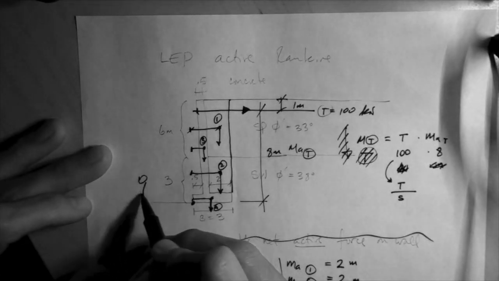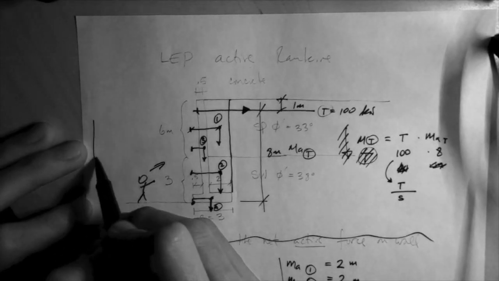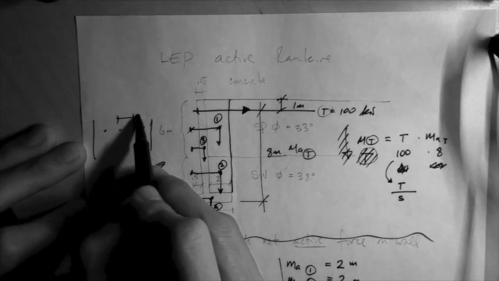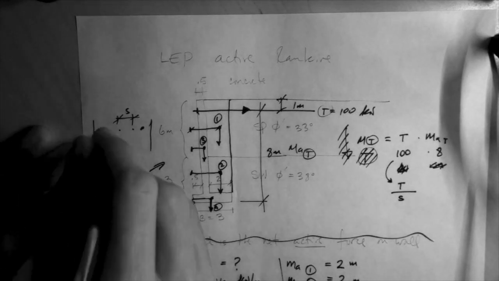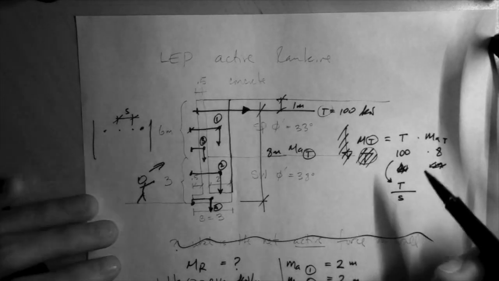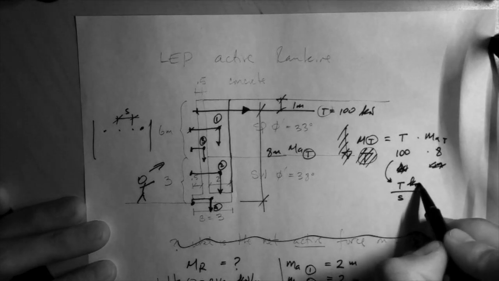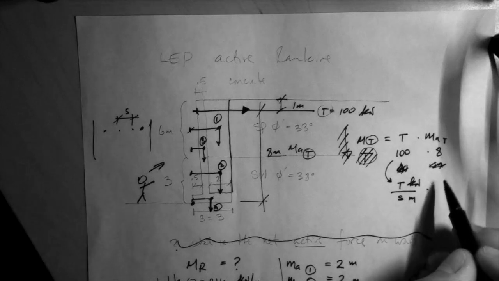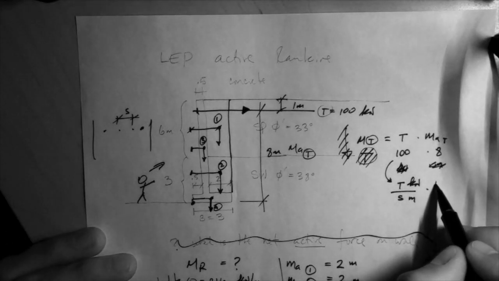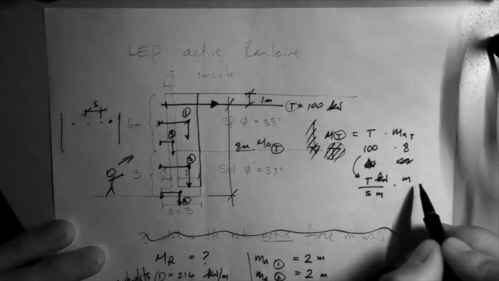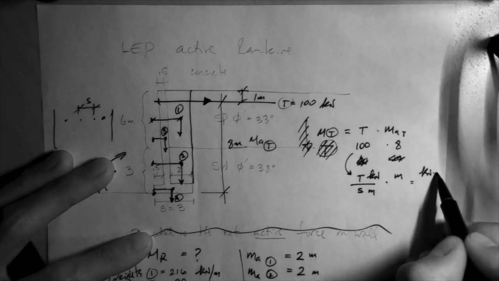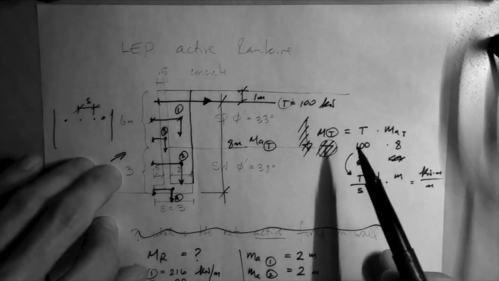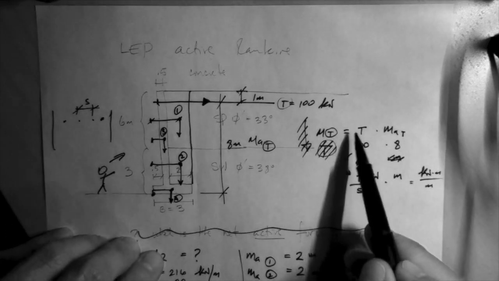So if you look at it from the front, what you see is the wall and you see the tiebacks like that, right? This spacing is S. This is looking towards the wall. So the tieback force in kilonewton divided by the spacing in meters times the moment arm, meters, gives you kilonewton meter per meter.